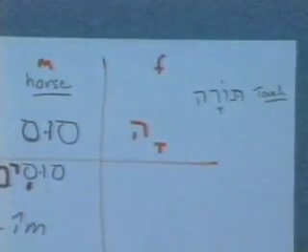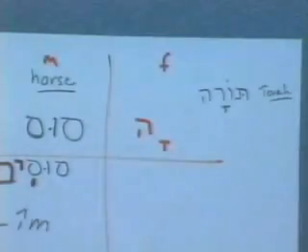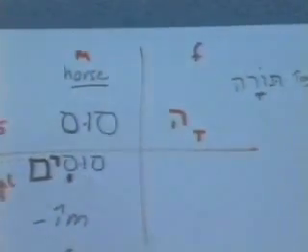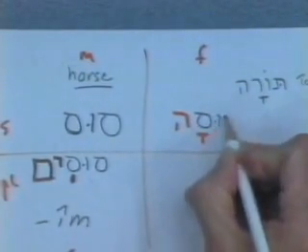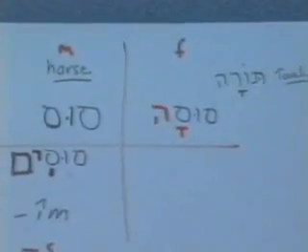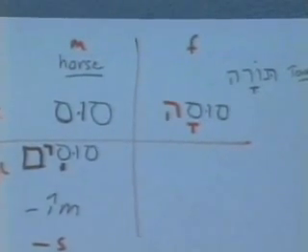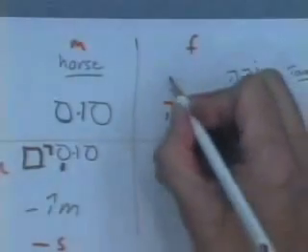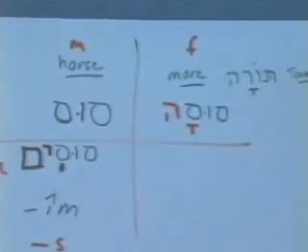This is the word Torah. Because it ends in comets hey, it's a feminine noun. Okay? Now, sometimes the same root will work in both a masculine and a feminine form. If sus means horse, what's a susa? A mare, or a female horse. All right? The old gray mare. Okay?